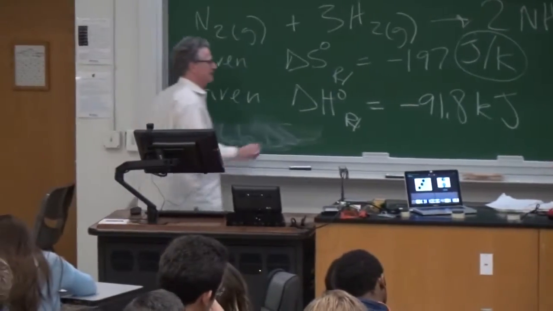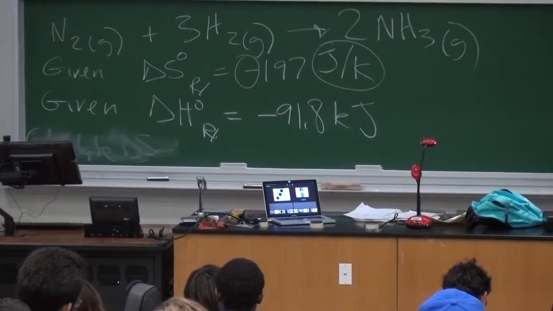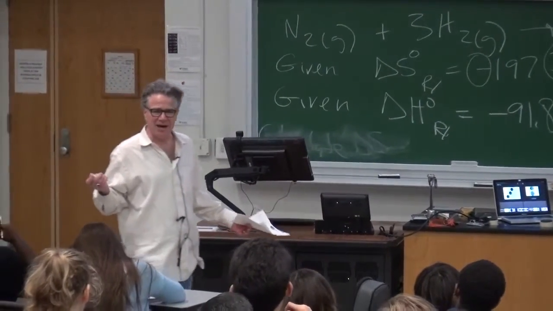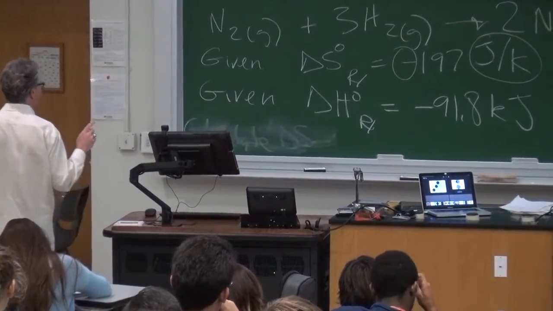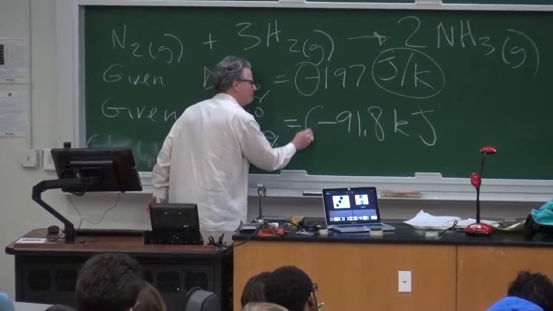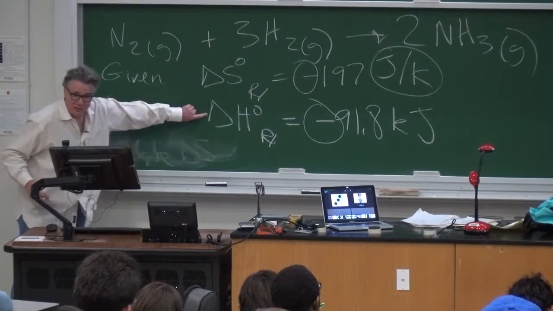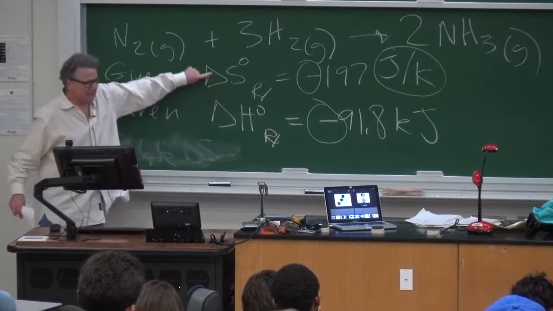Oops! This doesn't look good. It's got a negative delta S. Does that mean it's not product favored? No, because we also said a negative delta H can help make a reaction product favored. So this is helping, and this is not helping.